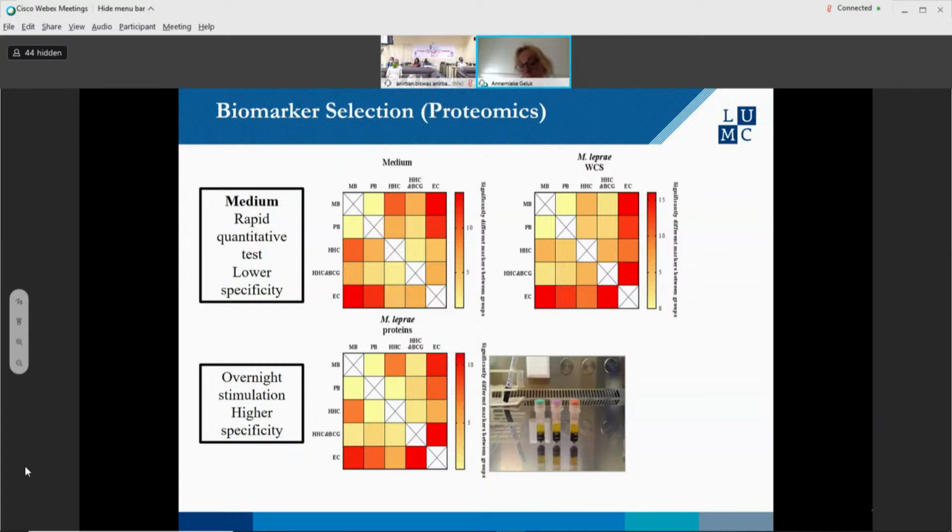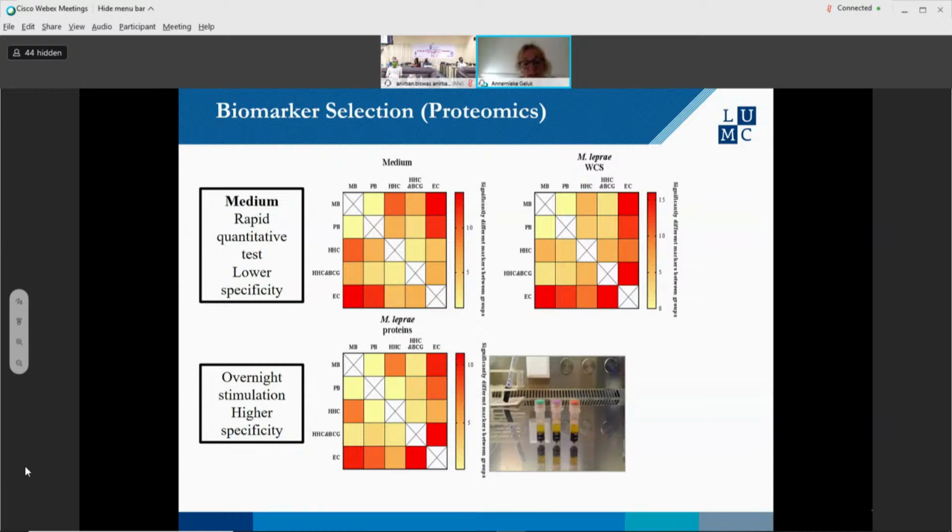This means that the number of biomarkers that are different between those two groups is large. However, it's much more difficult to identify biomarkers that are different in multibacillary patients versus post-bacillary patients. Hence, you see the yellow squares indicating that there are fewer biomarker differences between those individuals.